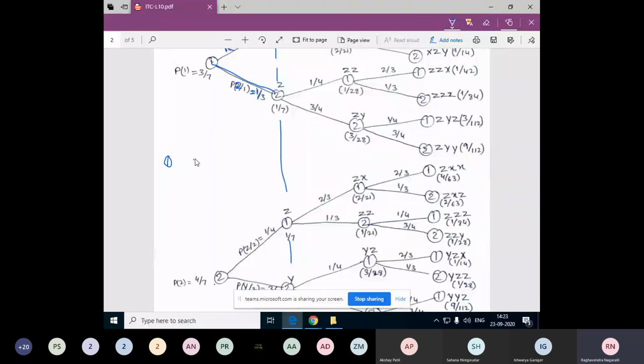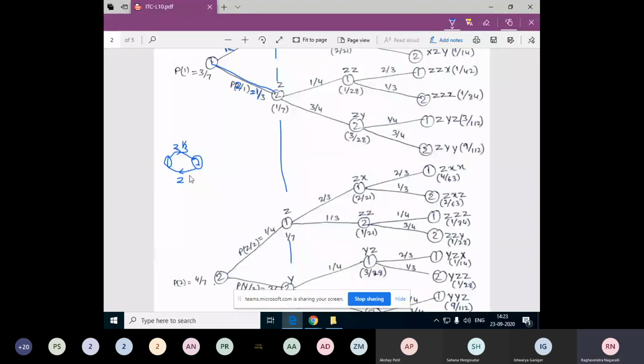So we have two states, 1 and 2. We have one symbol emission during this transition, from 1 to 2 with probability 1 by 3. The symbol emitted is Z. During the transition from 2 to 1, which is the symbol emitted?